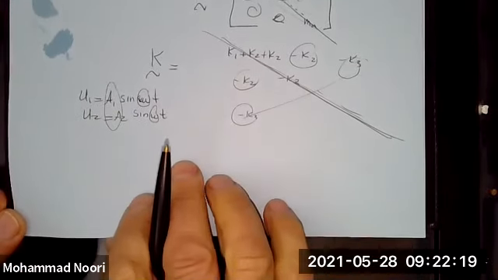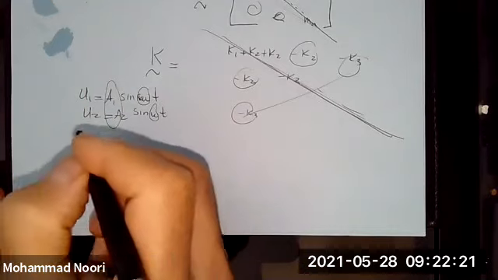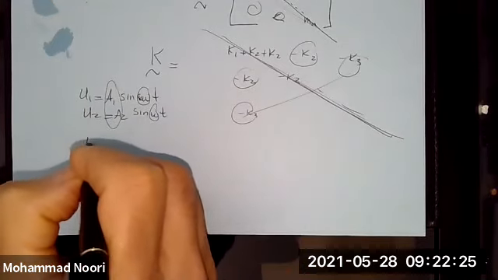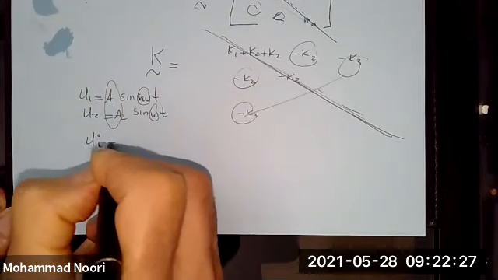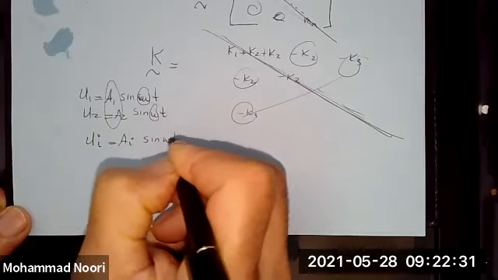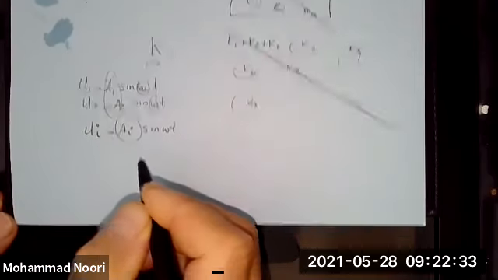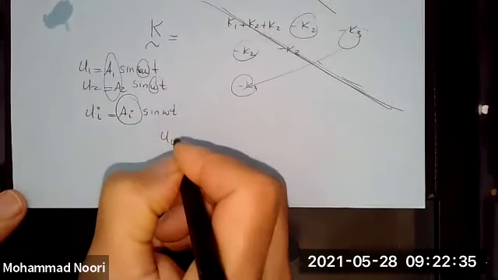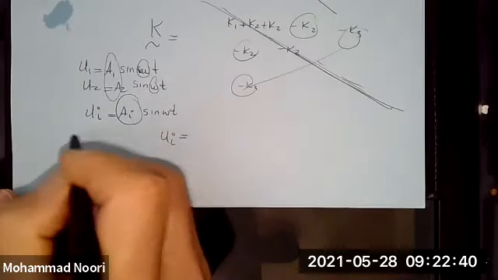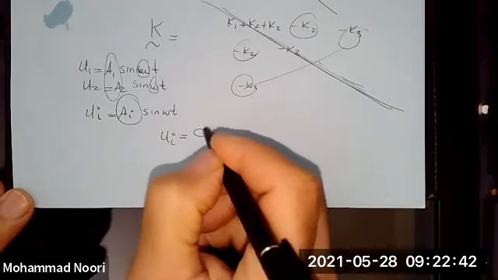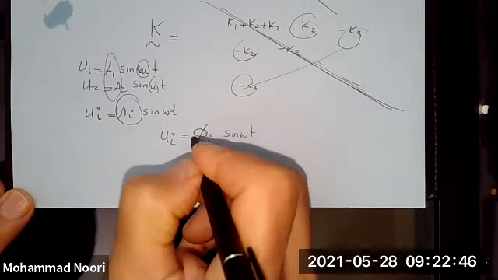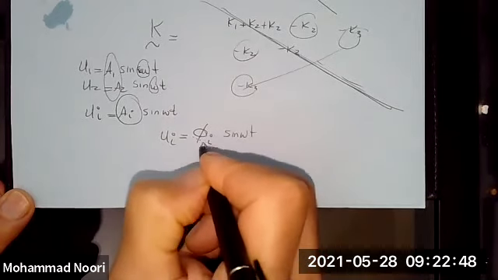So instead of that, we use a different notation. For instance, this Ui was Ai sine omega t. For this amplitude, we use a different notation, and we show each displacement function this way. We use this notation, okay?